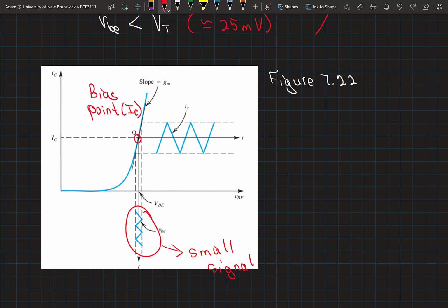That'll set some bias point or some specific value of collector current.